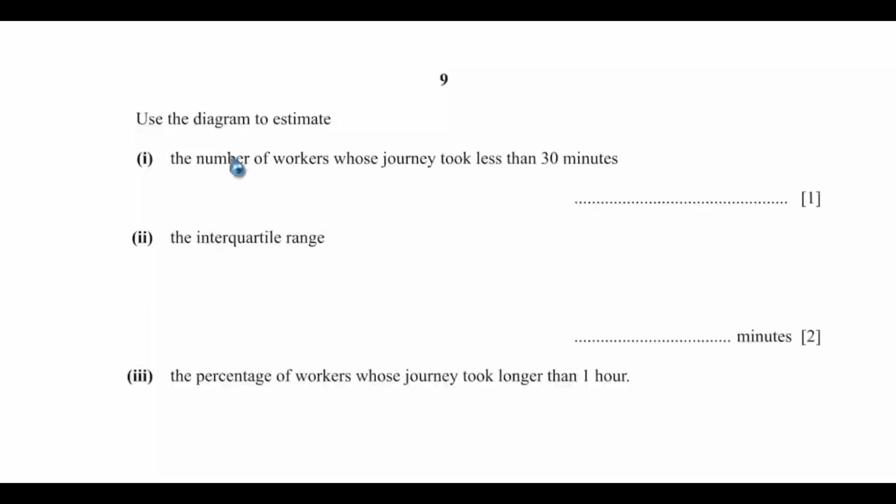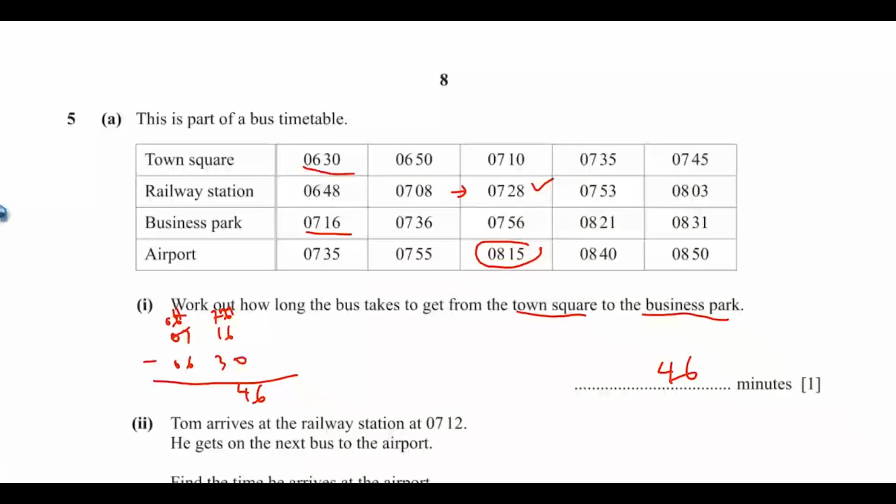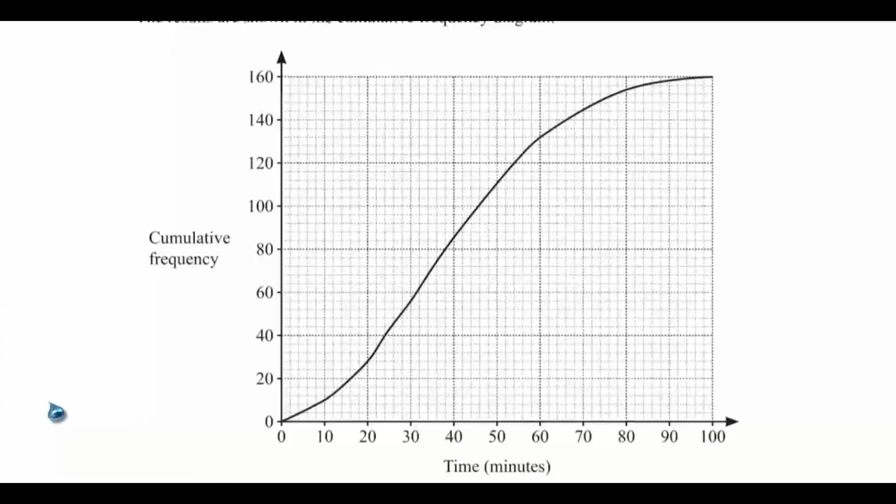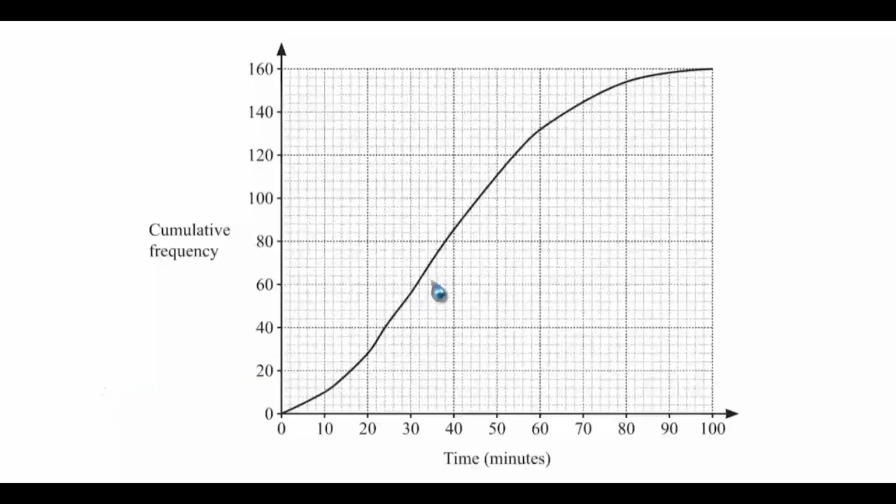Use the diagram to estimate the number of workers whose journey took less than 30 minutes. So we will need to be moving to and fro between the question, the chart and the diagram. We need to trace this up like this. I think I can draw from here.